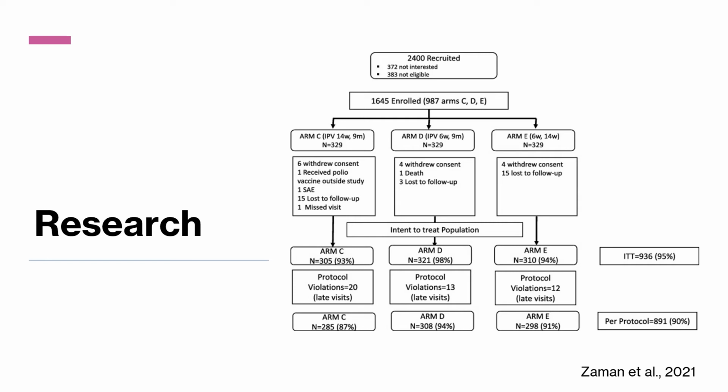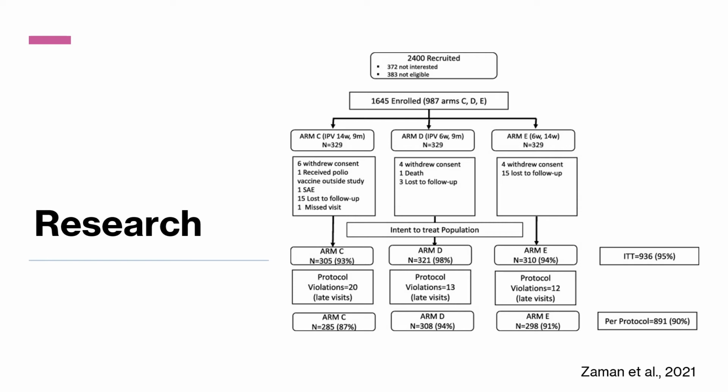And Arm E received inactivated poliovirus at 6 and 14 weeks. Of the 987 children, 936 received vaccinations with the intention to treat.